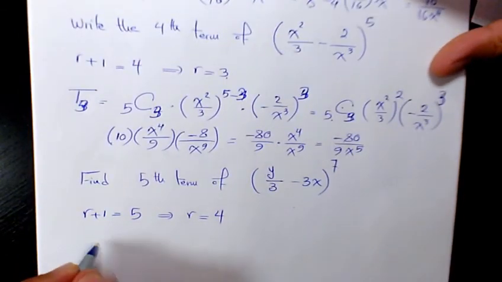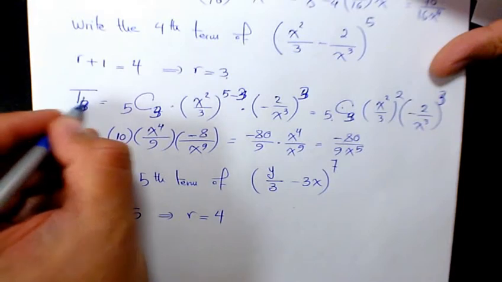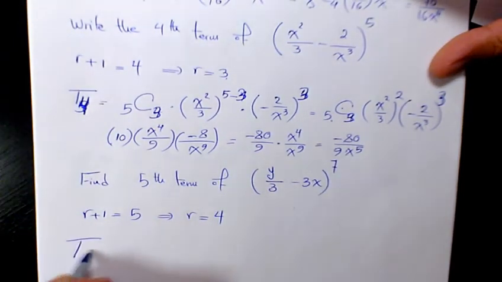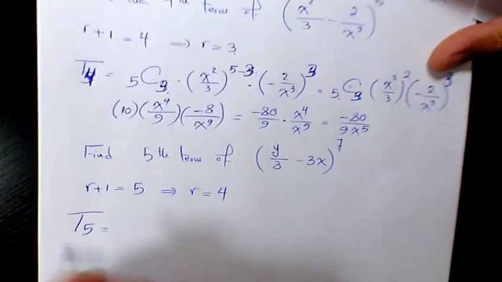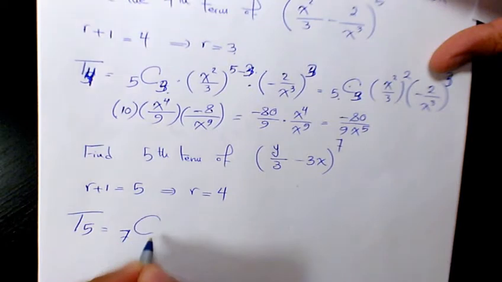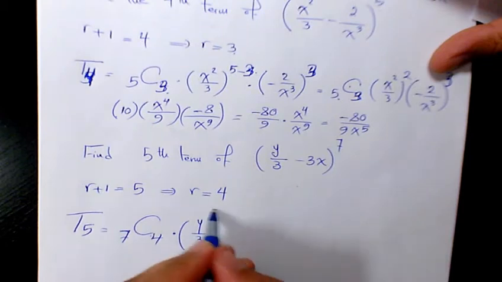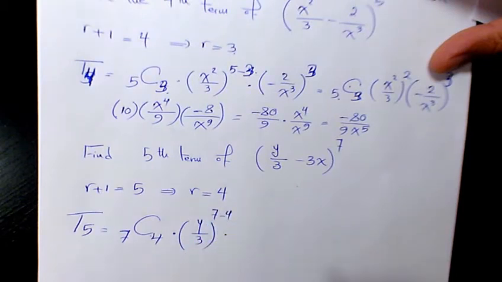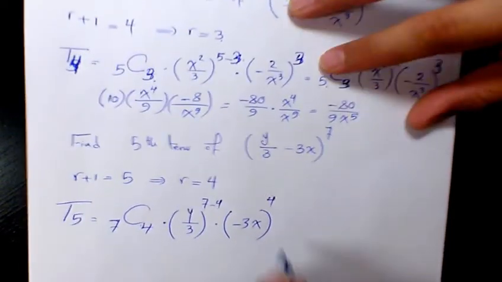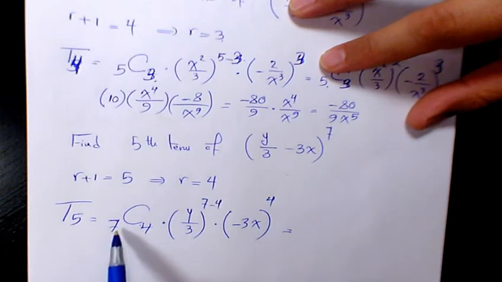So it's going to be T5, but this number is going to be 4 in this case, which is going to be 7C4 times y over 3 to the power of 7 minus 4 times negative 3x to the power of 4. Perfect. Now we need to find this one.